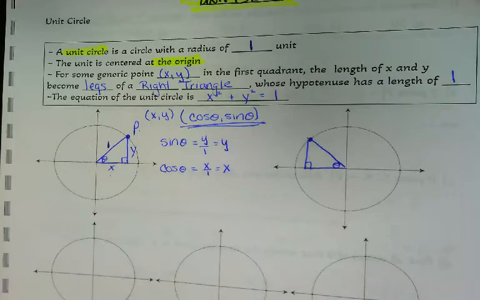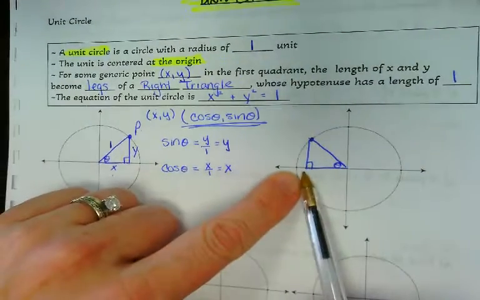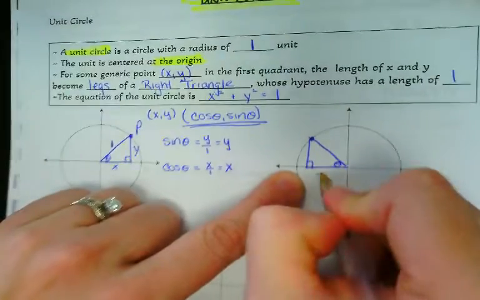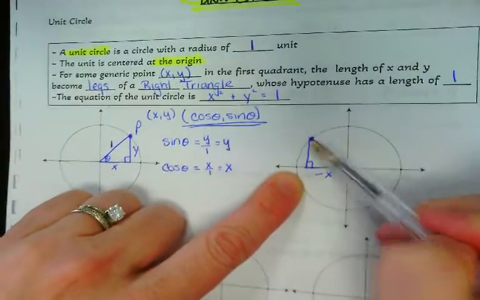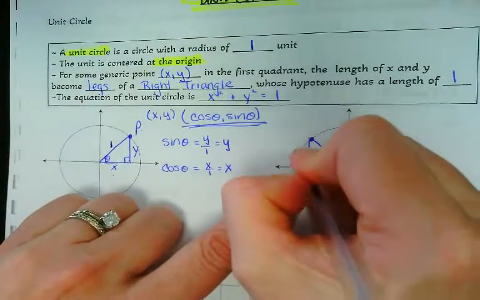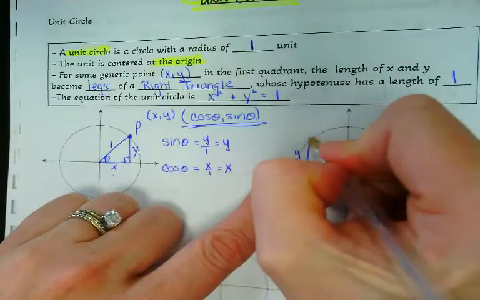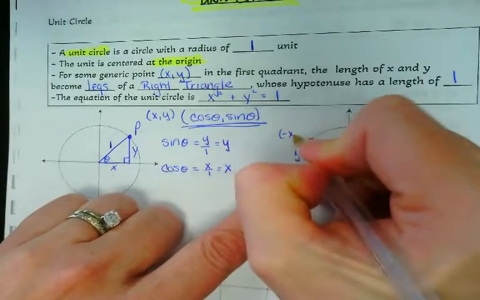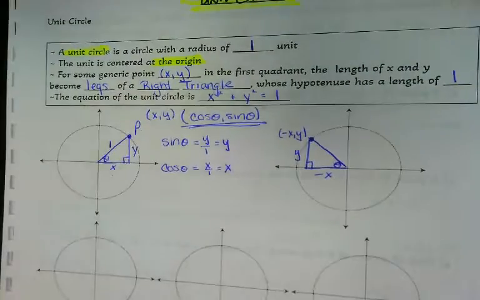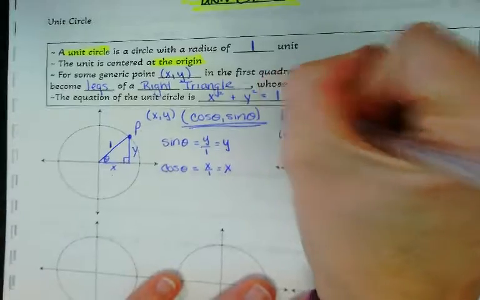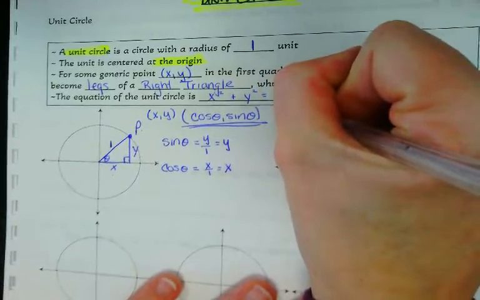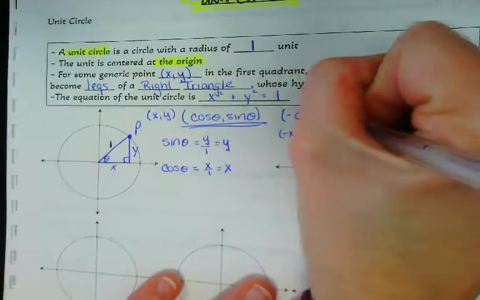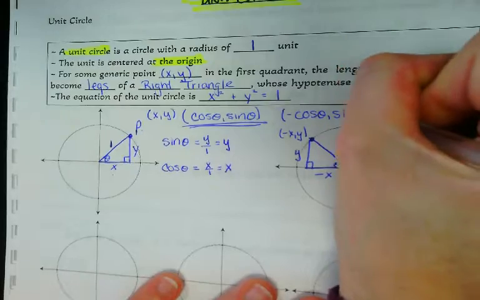If you went to the left, what would you call this distance now? Negative x. And I went up, what would I call that distance? Positive y. So I like to think this point is negative x comma y, but in the trig world, we're going to call it negative who? Negative cosine, comma, positive sine.